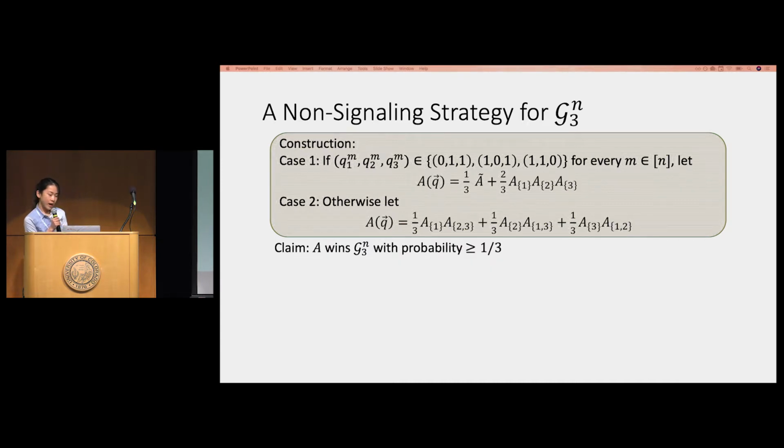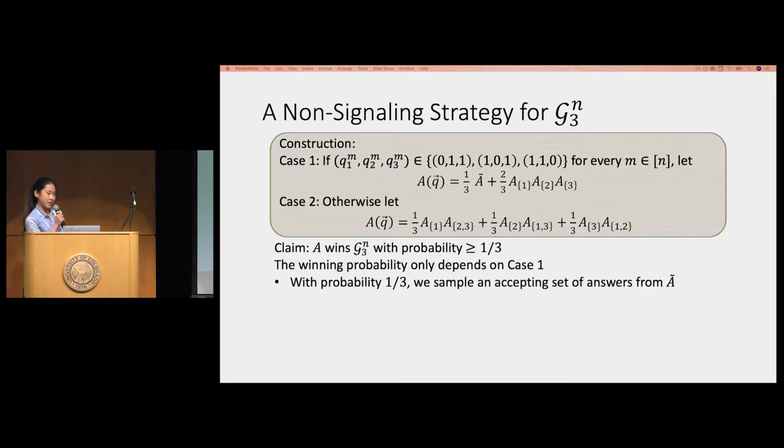Now, we have A, our non-signaling strategy, and we want to show that it wins with some constant probability. And this is actually the easy thing to check here, because the winning probability only depends on the first case, because the first case captures all of the queries that would ever be asked by the referee in the n-fold repetition of the game.